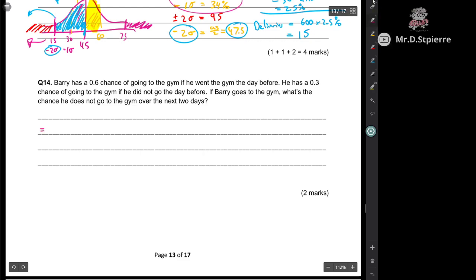is that it's equal to the probability of, what's the chance he does not go, if he's gone to the gym.